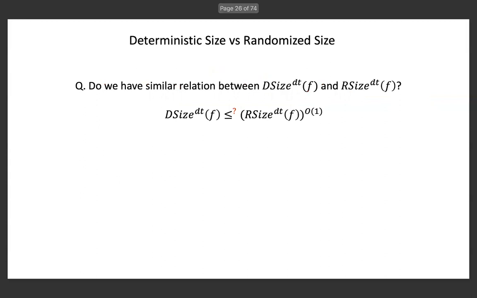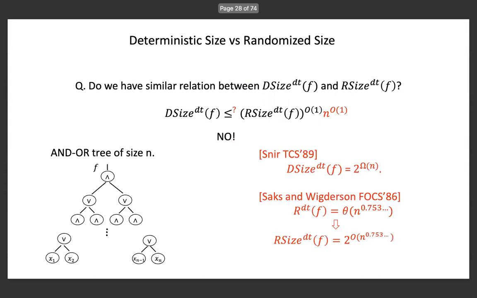What about size? Can we show similar relationship between deterministic size and the randomized size? Can we show a polynomial relationship? Even let's say we allow poly(n) factors. Can we show such relationship? And as it turns out, the answer to this question is no, because there exists a function based on AND-OR tree, where this function is represented by a monotone formula of depth log n with binary AND and OR gates in alternating layers.